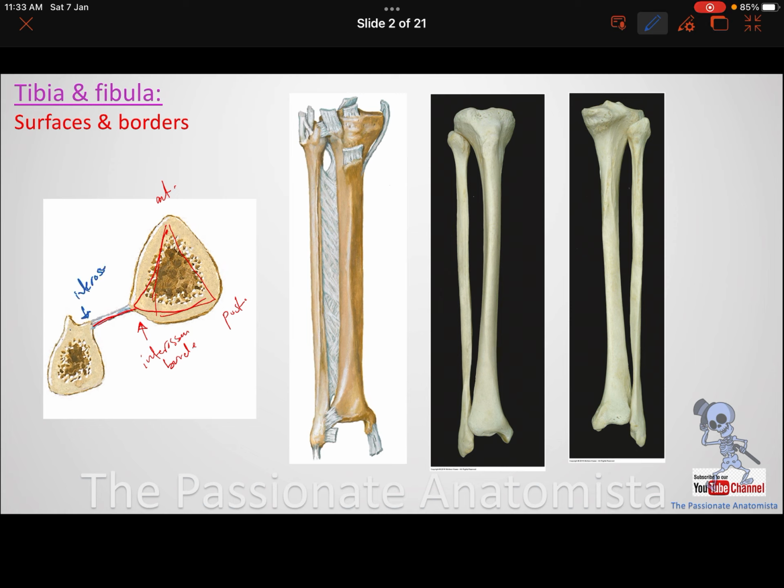Now what about this? This is something called the fibular crest, or crest of the fibula, which gives attachment to structures, but you don't see it throughout the whole length of the fibula. That's why you see it square shaped in the upper regions, but as you get down it becomes triangular in shape.